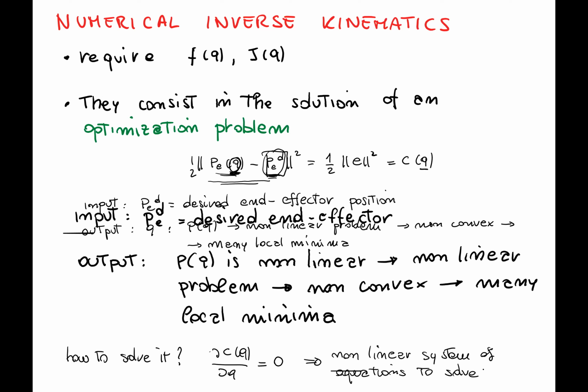We don't have any guarantee, because this cost function could be like this, so it could have a minimum and a maximum. So the point where we start the optimization, we will see, will determine if we converge to a minimum or a maximum.